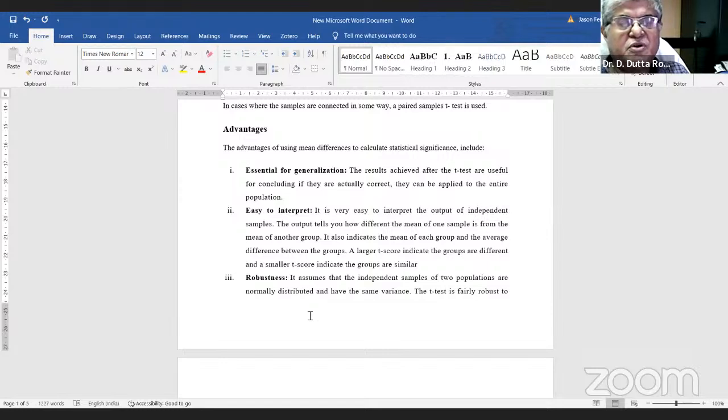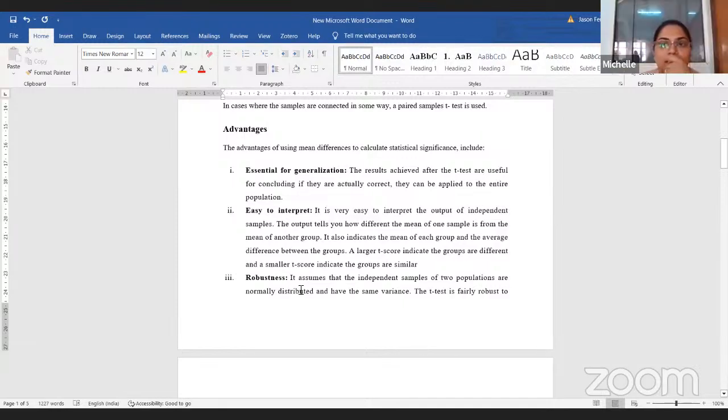T-tests are useful for concluding if they are actually correct. Is this word correct? Basically, we are exploring whether the T is significant, that means the independent variable is our explanatory variable.